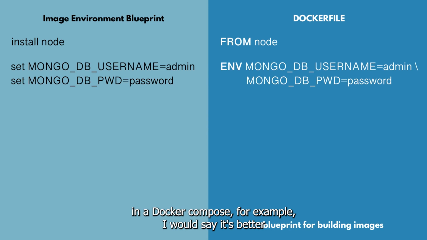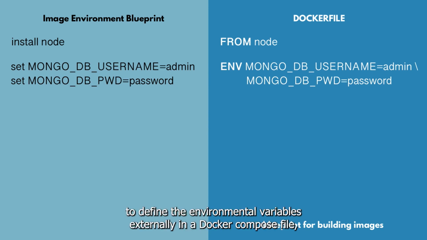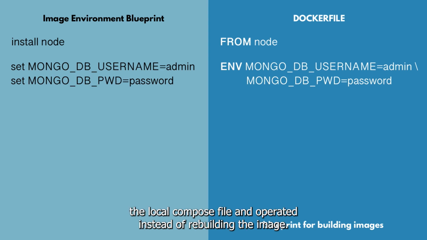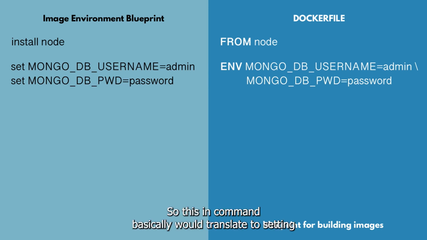I would say it's better to define the environmental variables externally in a Docker compose file, because if something changes, you can actually override it. You can change the Docker compose file and override it instead of rebuilding the image. But this is an option. So this env command basically would translate to setting the environmental variables inside of the image environment.